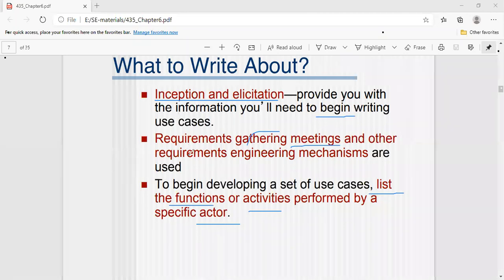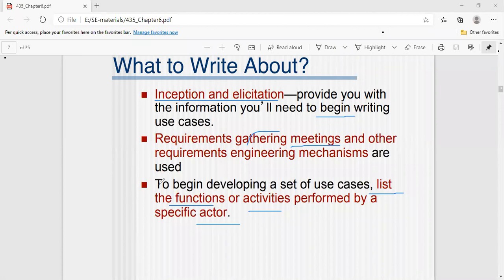You should take the overall information, and also if any meetings were conducted related to a particular function, take that information also. Coming to the third point, before developing a set of use cases, first of all, how many actors are included in your project? I mean, how many outside members interact with the system we have developed?